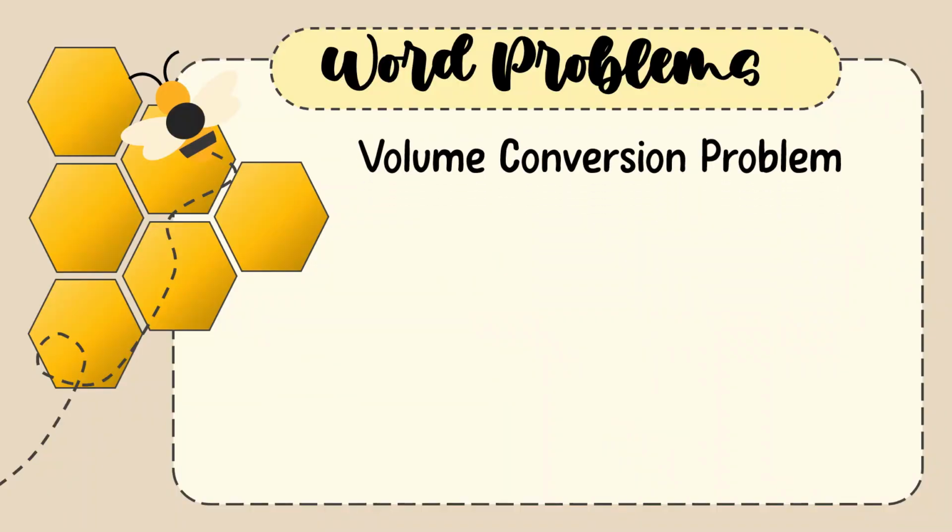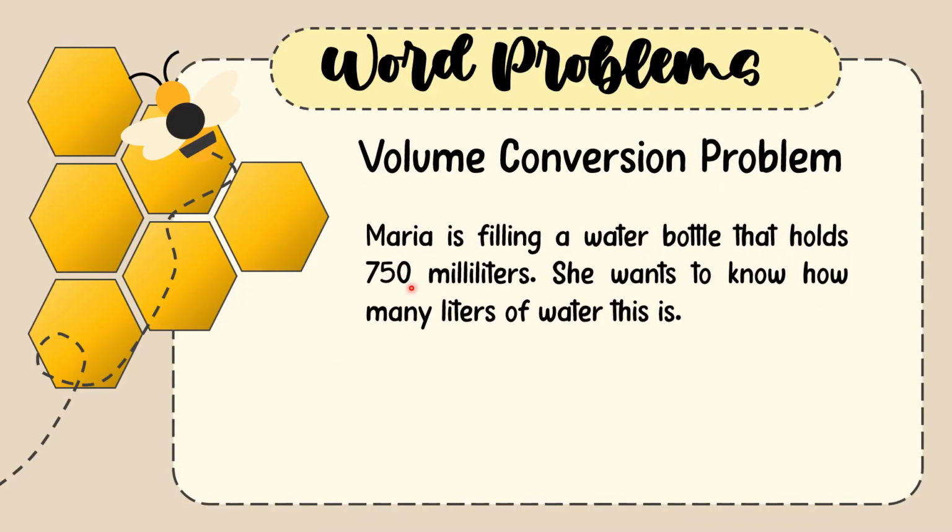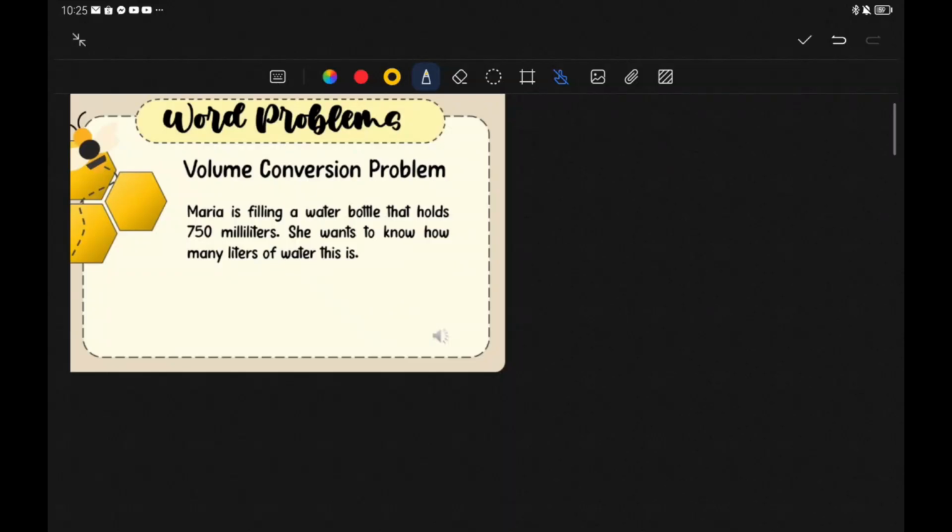For the volume conversion problem, we have here, Maria is filling a water bottle that holds 750 milliliters. She wants to know how many liters of water this is. Now let us solve the volume conversion problem. So 750 milliliters, convert that to liters.